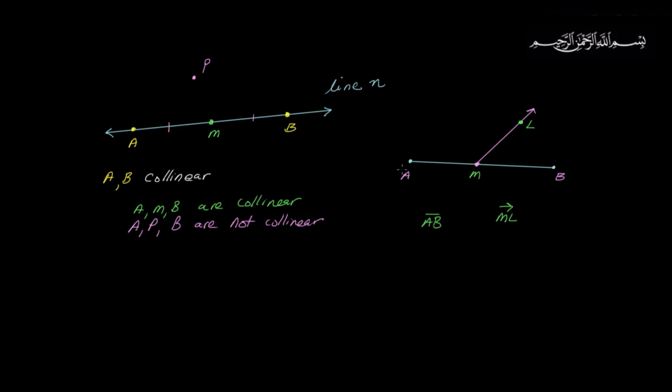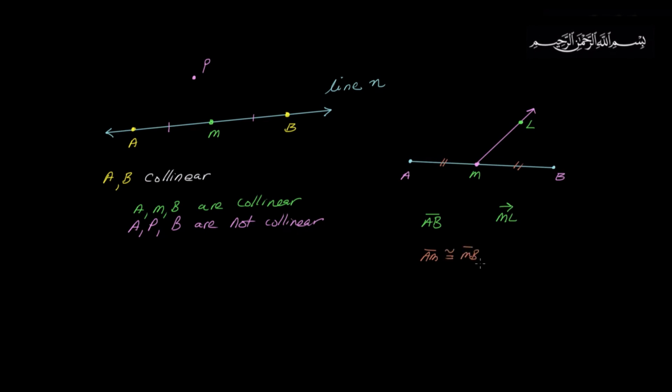So AB and ray ML intersect, and their point of intersection is in fact the endpoint of the ray, and that is M. And let's say M happens to be the midpoint of AB, and we can designate that by putting those two little tick marks like that. So now we can say AM is congruent to MB.